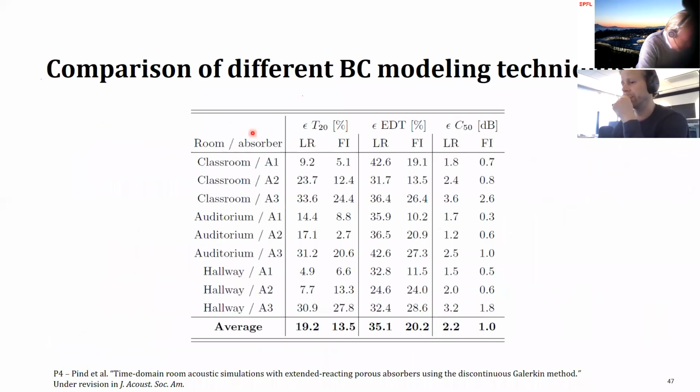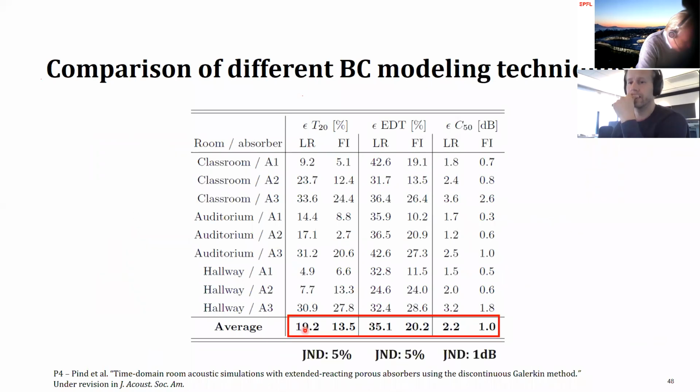If we then look at the results, we see, in fact, that we get very large errors when using either the local reaction assumption or the field incidence approach in all cases, essentially. And if we just look at the averages here, then we see, for example, for the T20 reverberation time, on average, the local reaction approach yields around 19.2% errors.